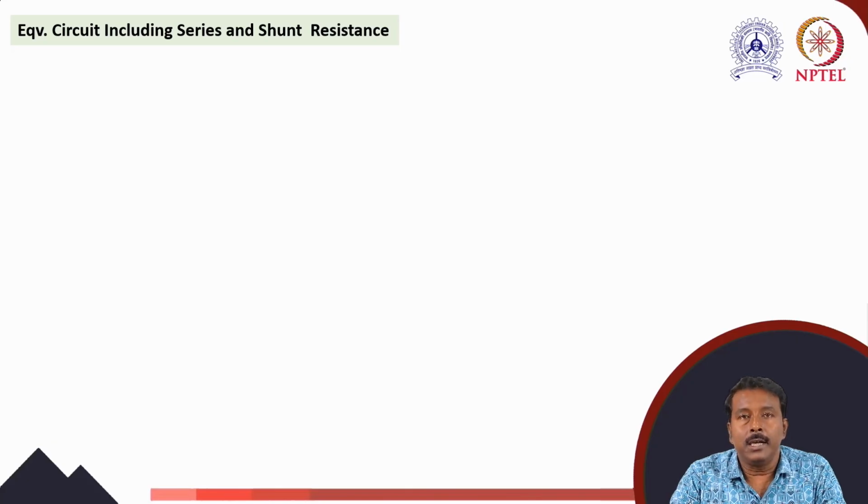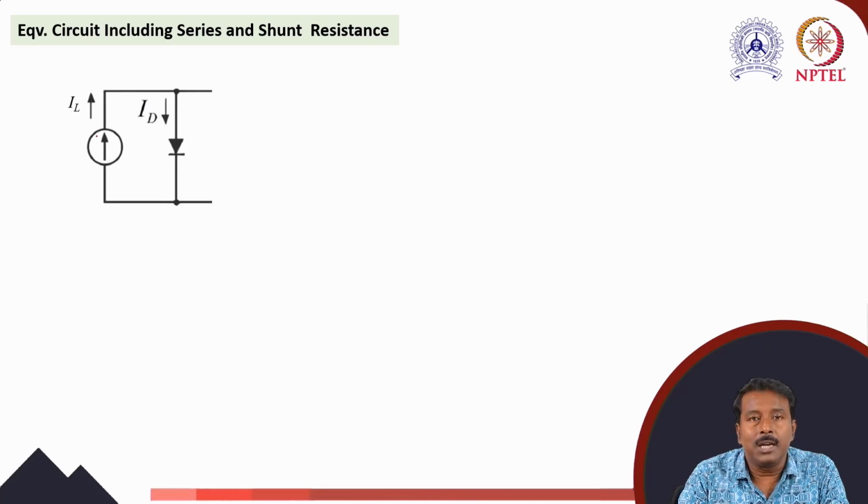Now, what is the equivalent circuit including these two effects? First of all, we have an expectation that one resistance must be in series, which reduces the terminal voltage, and another resistance should be in parallel to the current source, where the current through that resistance will reduce the total net current at the terminal.